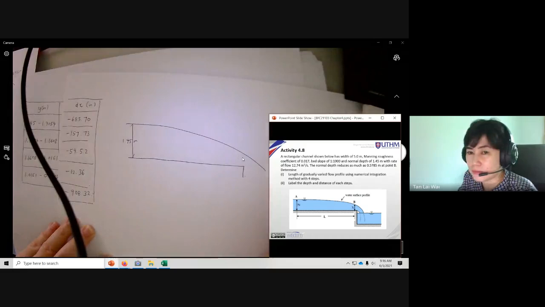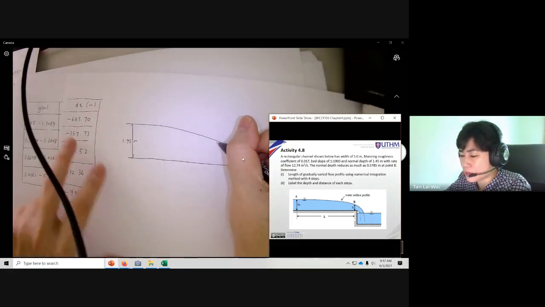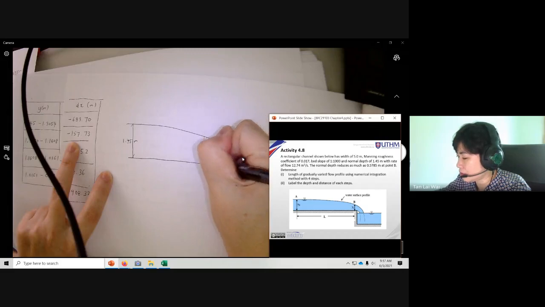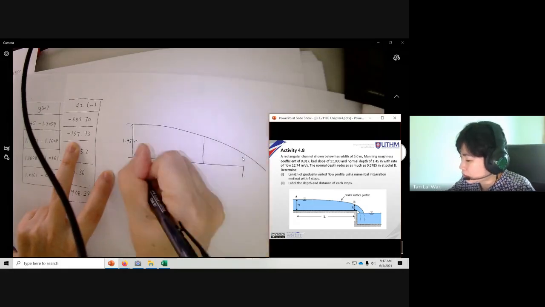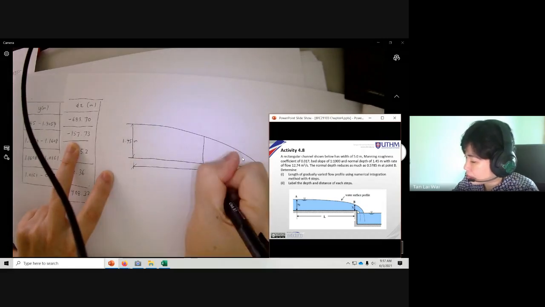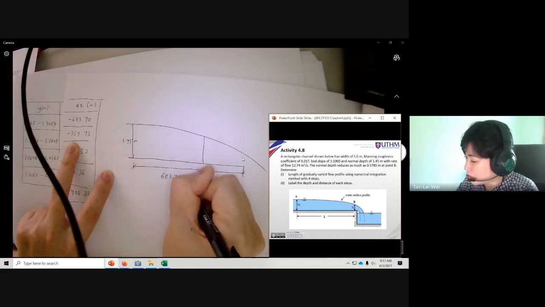This is the depth. Next one, because it's 600, let's put it somewhere here. This is 683.7 meter.